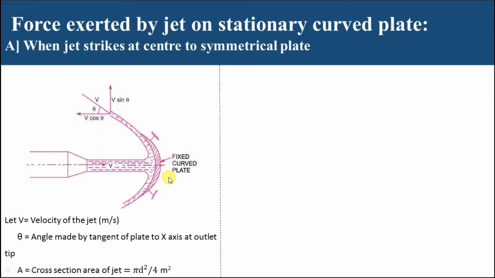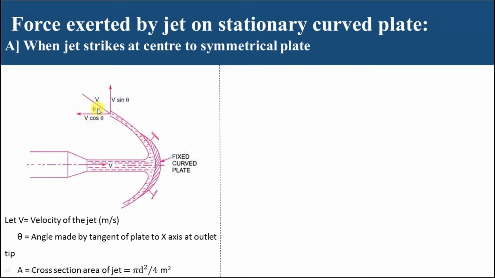So this angle theta is nothing but the angle made by the tangent of the plate with the x-axis at both the outlet tips. So the jet is leaving tangentially with velocity v, and the angle made by the tangent in the direction of jet is theta.